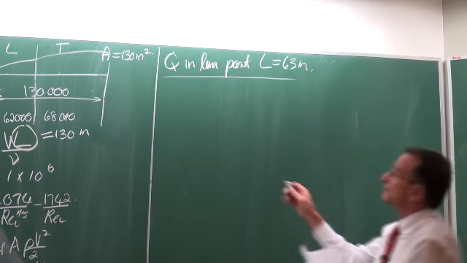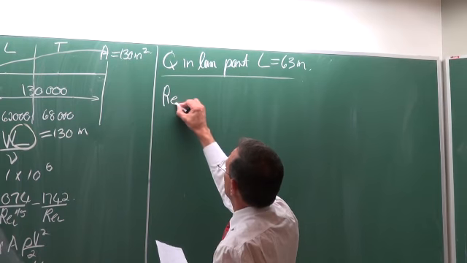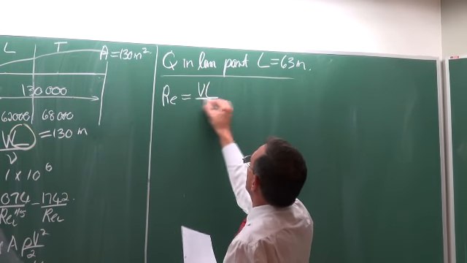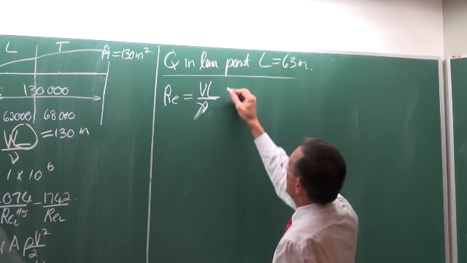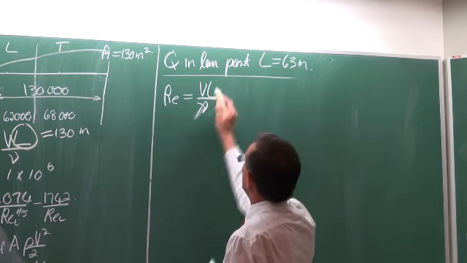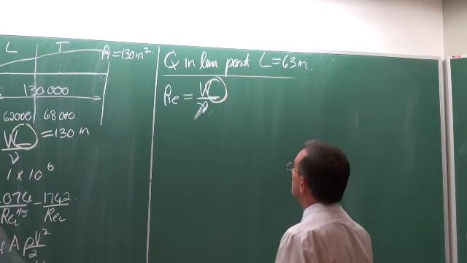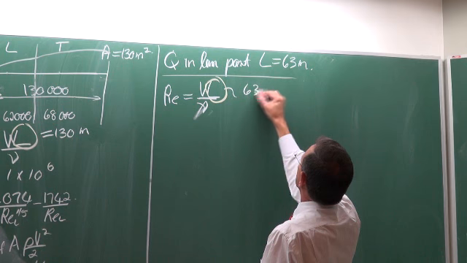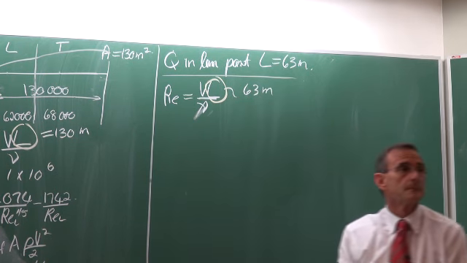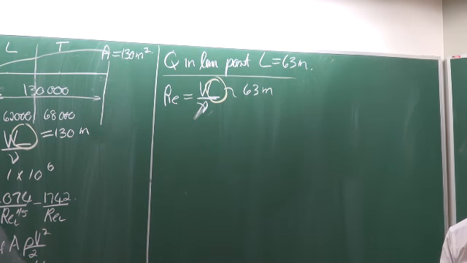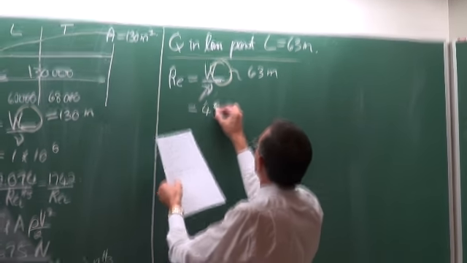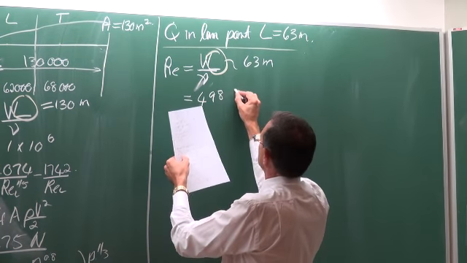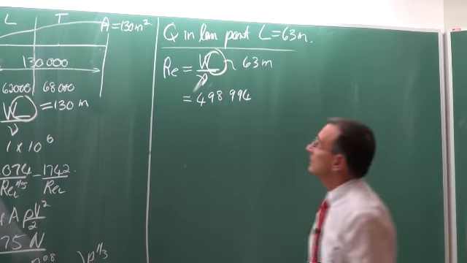So now we have to calculate the Reynolds number, VL divided by the kinematic viscosity, where the length now would be 63 meters. It would give us a Reynolds number of 498,994.